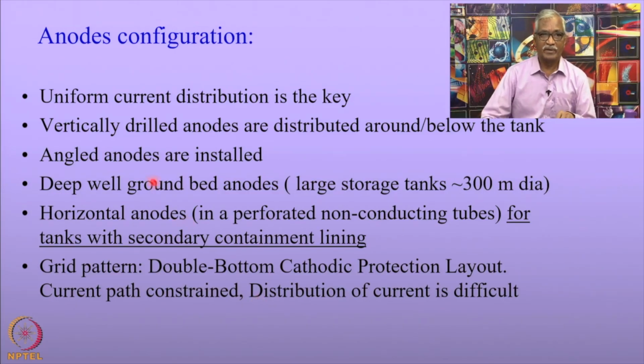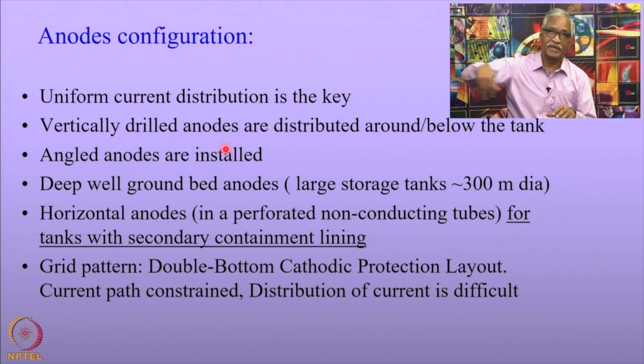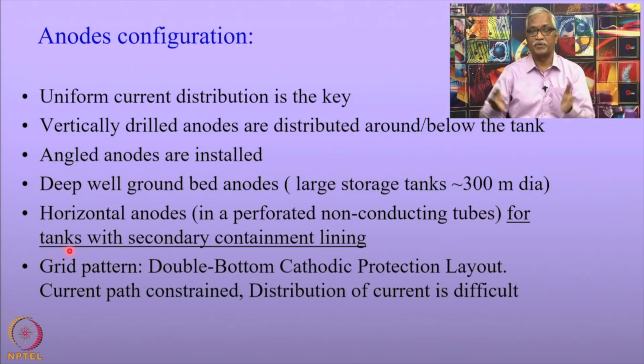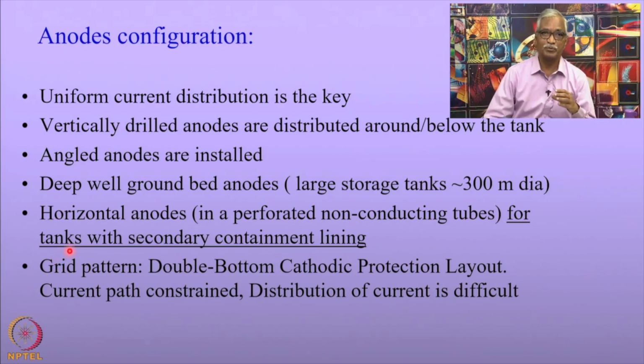We can also have vertically drilled anodes distributed around the tanks in order that the current is uniformly distributed, or we can also have angled anodes, which give you even better distribution of the current.